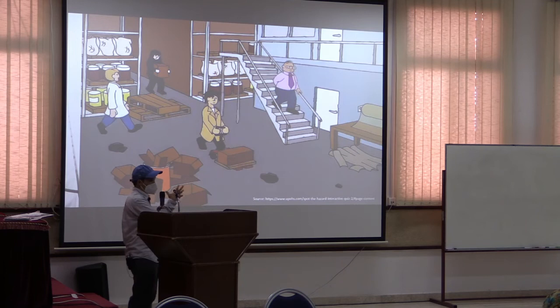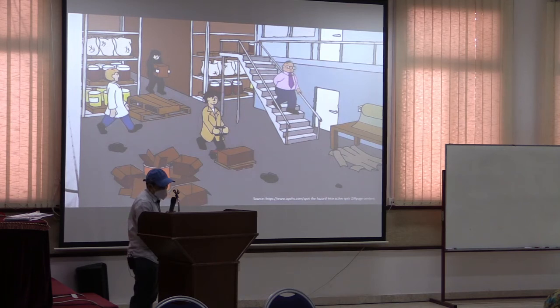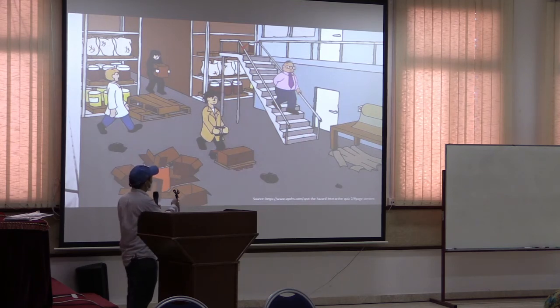So we will try to identify individually all the hazards that are found here in a counterclockwise manner. So for example, from the door, here there is obstruction for the route. There is a container or materials here.